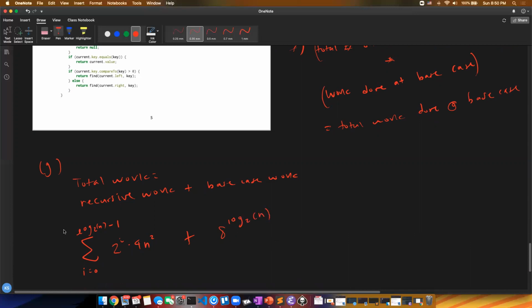This tells us the total work done across our whole entire tree, and we did that by finding the recursive work and all the base case work.